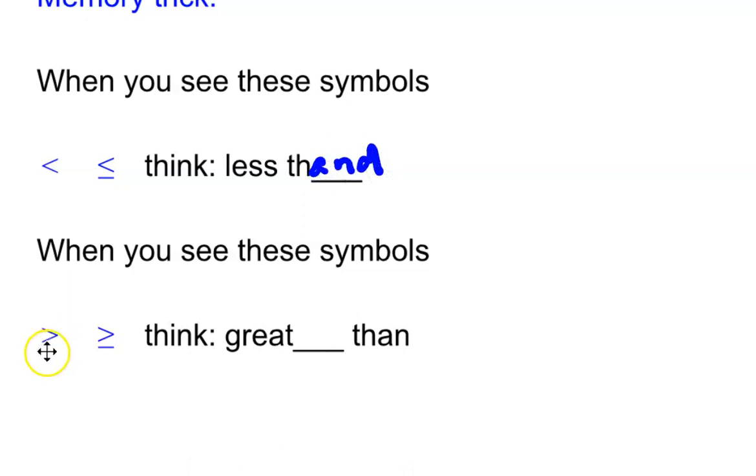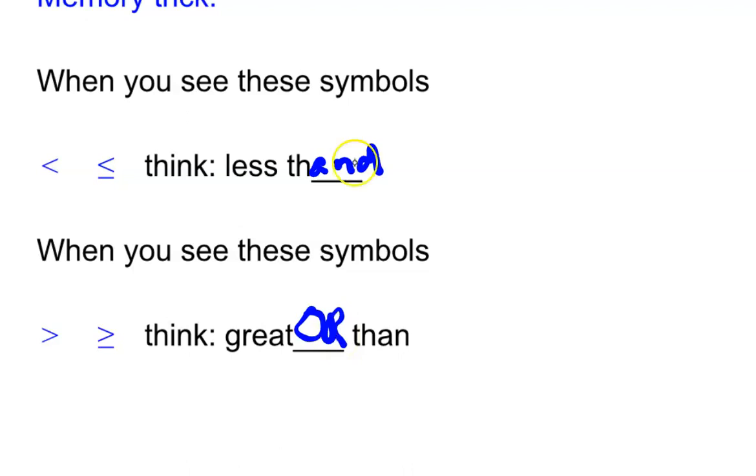And then when you see these symbols, greater than or equal to, think greater than. It's not correct spelling, but it's our memory trick to remember. So when it's less than or equal to, it's less than. That's going to be an and inequality. And when it's greater than or equal to, it's going to be great-or. It's going to be an or statement.